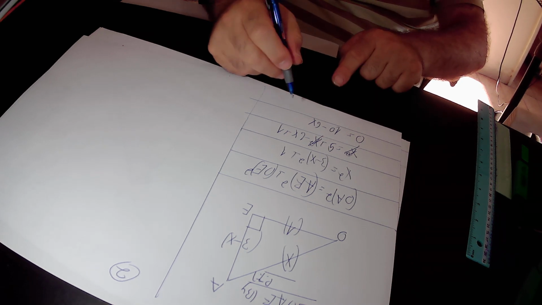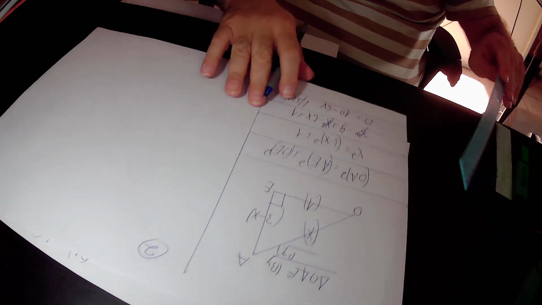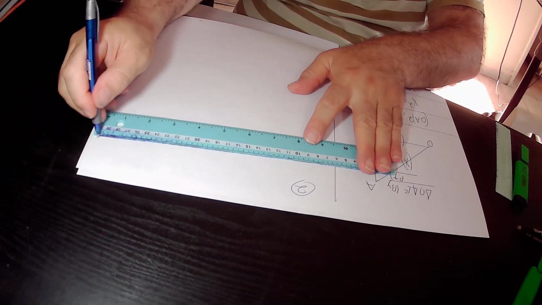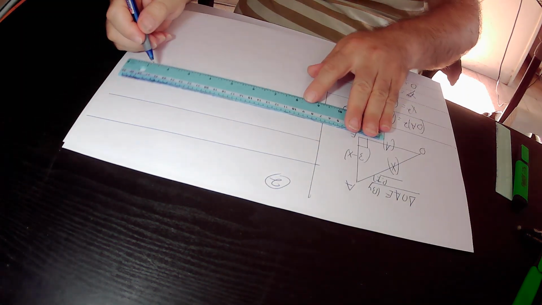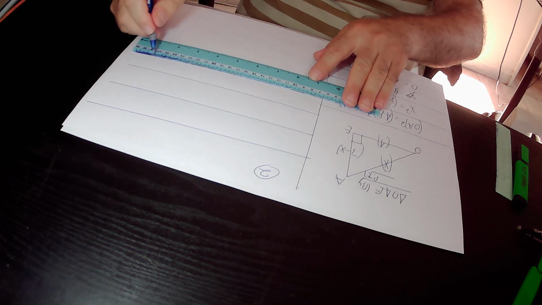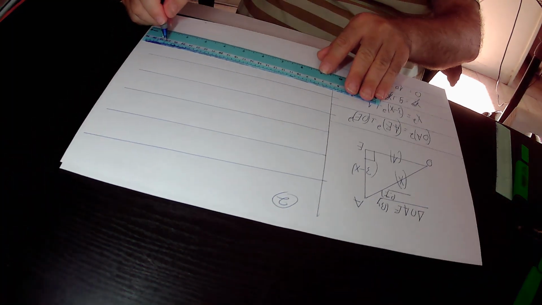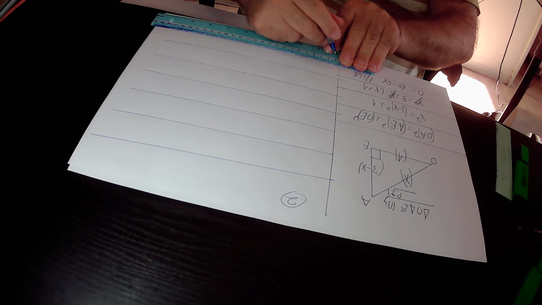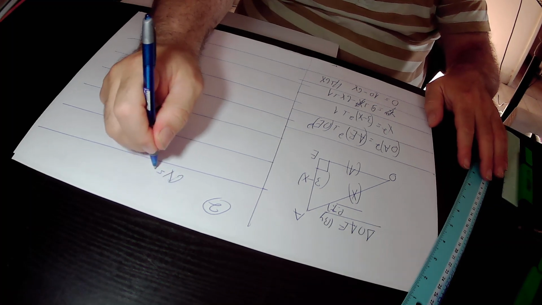Here we add 6x to this equation, and we get that 6x equals 10.